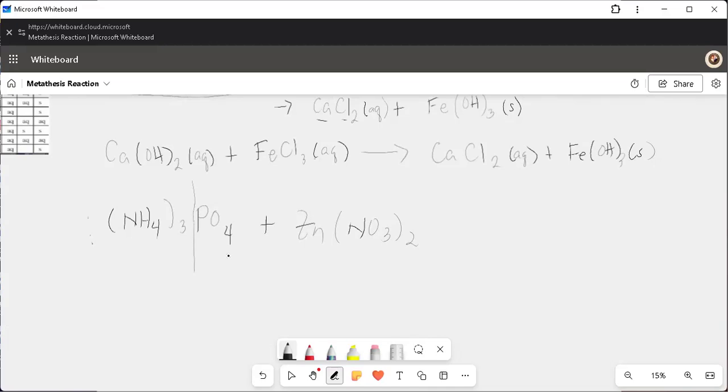So if that is the case, this will now become the positive side and this will now become the negative side. The other side, you have here zinc. So zinc is the metal, so split it here. Zinc will become the positive and nitrate will become the negative. Check for their charges. Okay?